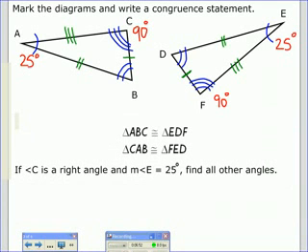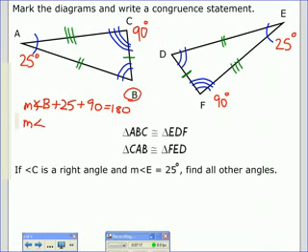And then we're not given any information about angle D or angle B. But one thing we know about triangles is that the three angles in a triangle have to add up to 180 degrees. So to find angle B, I can say, well, angle B plus the other two angles in the triangle must add up to 180.